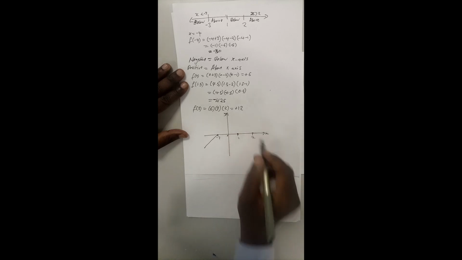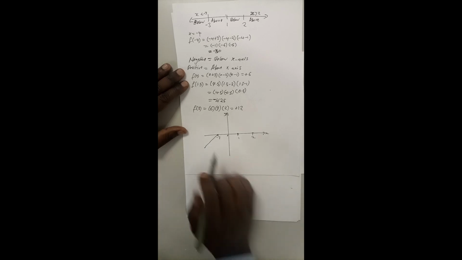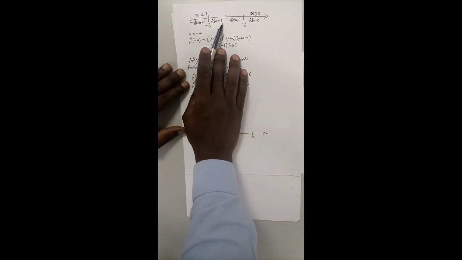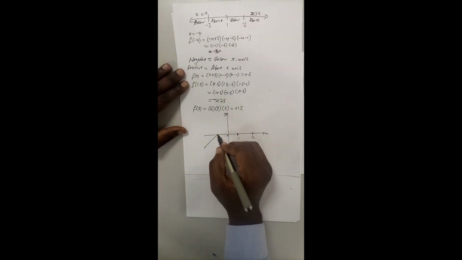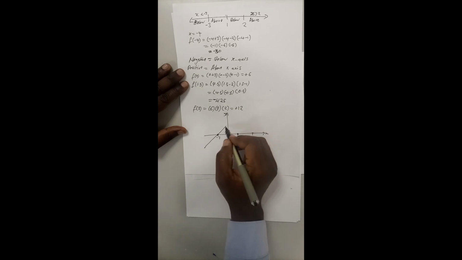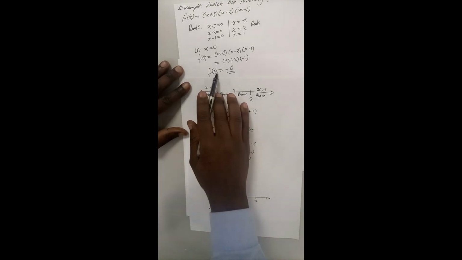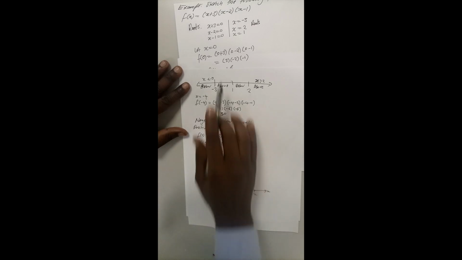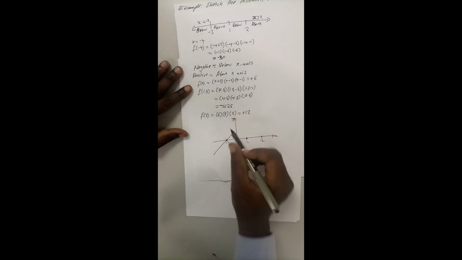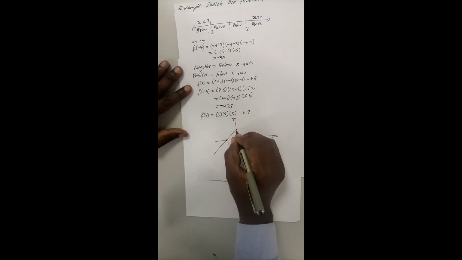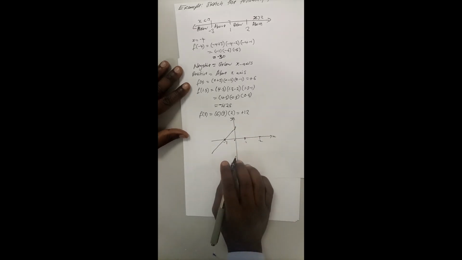We're just looking for the nature of the graph. Then from negative 3 to 1 it is above the x-axis. It will proceed and cut the x-axis. Remember, it cuts the y-axis at positive 6 here.